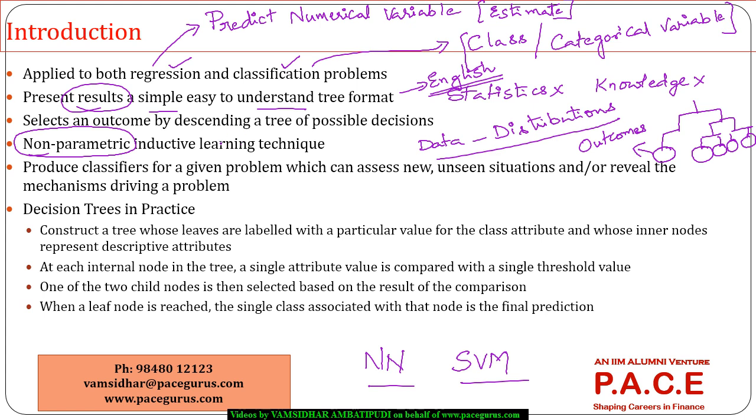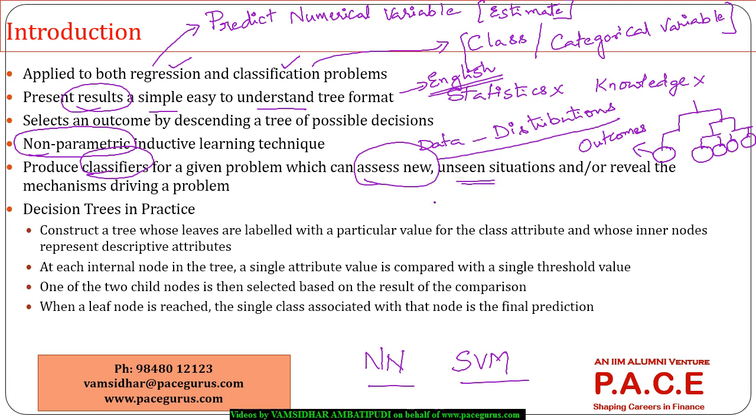the decision trees. Then they produce classifiers for a given problem. So the whole problem is typically classified, and using this kind of a classification model, I should be able to do the prediction for new and unseen situations.